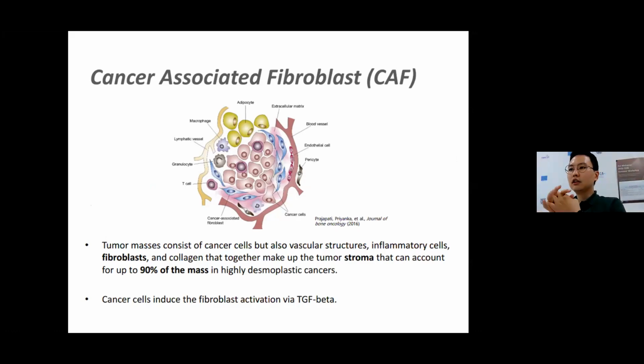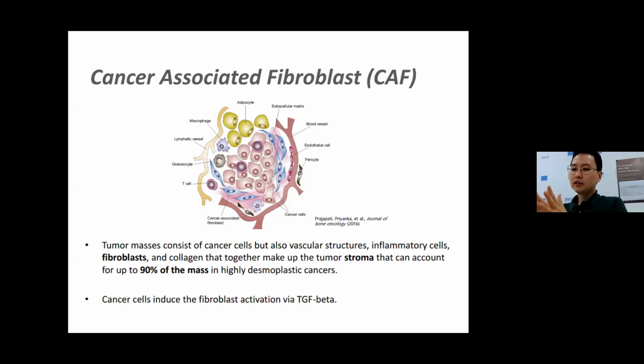The tumor mass consists of cancer cells, but also vascular structures, inflammatory cells, and fibroblasts, and these kinds of cells account for up to 90% of the tumor mass.